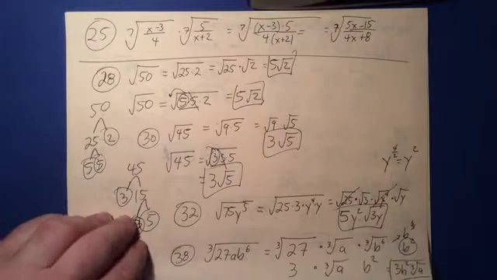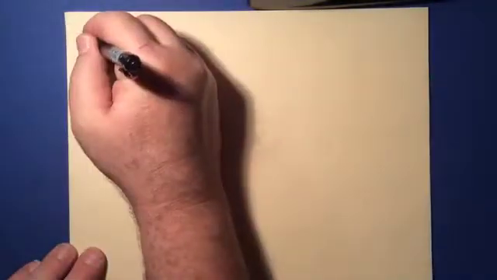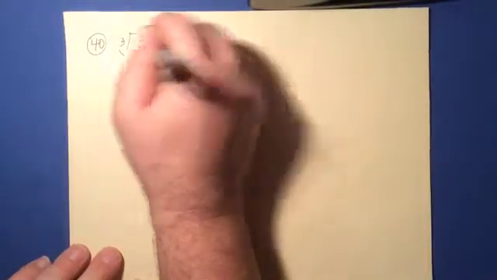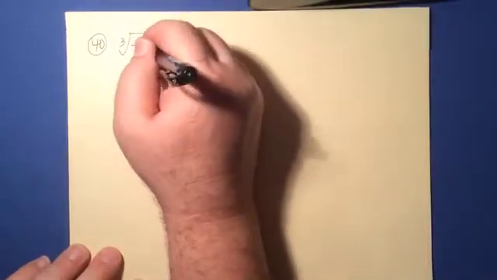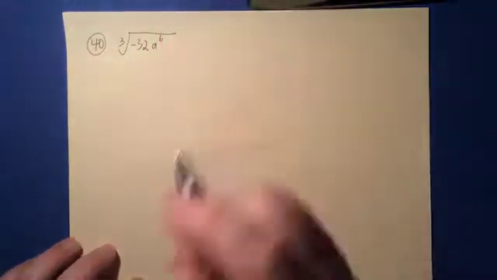Let's take a look at one final question. We're taking a look at question 40 before we wrap up this first half of the lesson here. So for question 40, we have the cube root of negative 32a to the sixth.